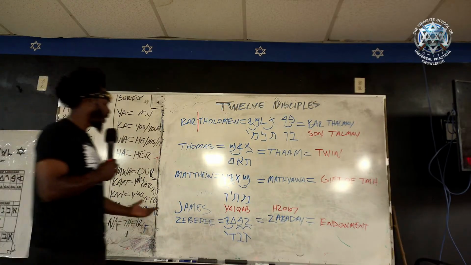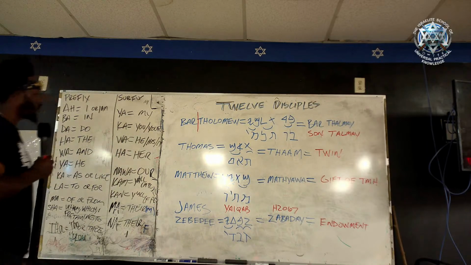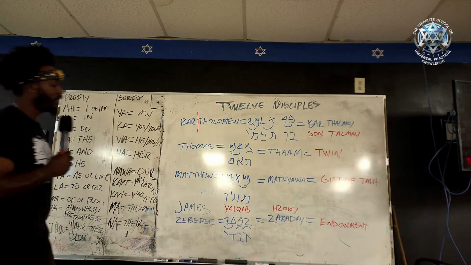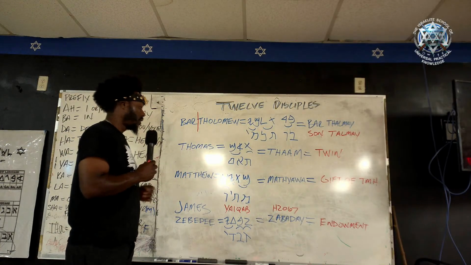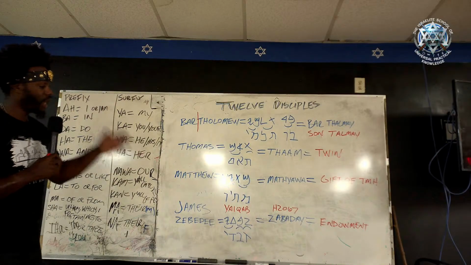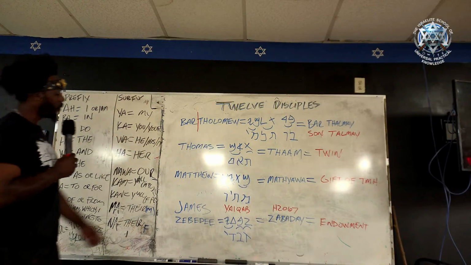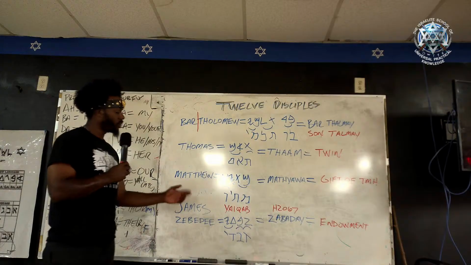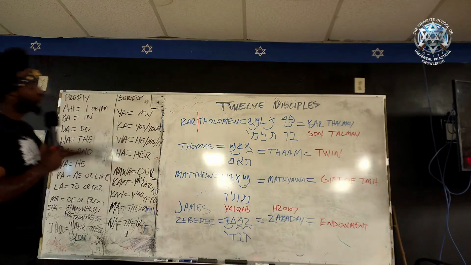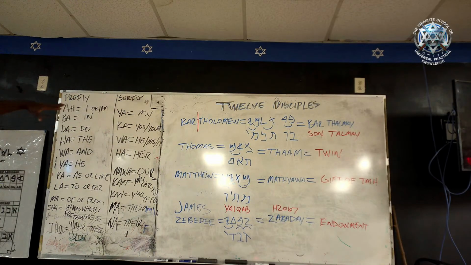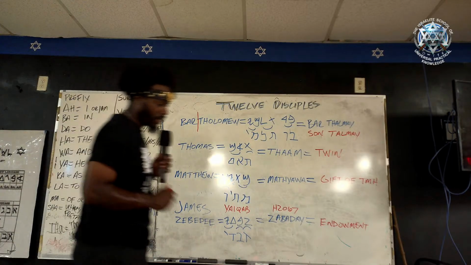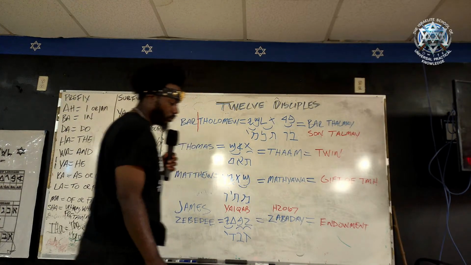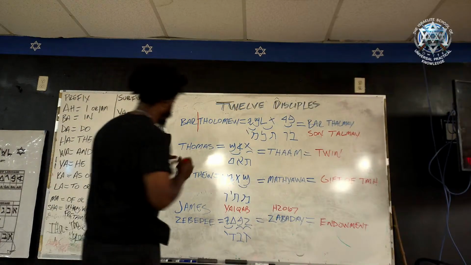And you have James of Zebedee, which is Yaquab Zebediah, which is a Benjamite family. And Zebediah means endowment. We already went over what James is with the first four, which is Yaquab, which means supplanter. So make sure you have this down for this four, and then I'm gonna go ahead and erase it. I think I got time to do maybe two more.